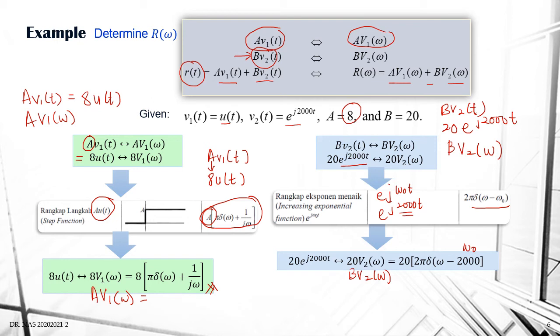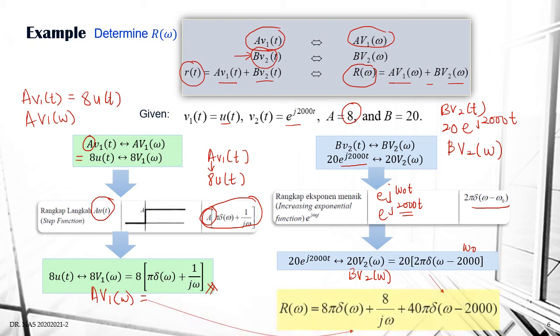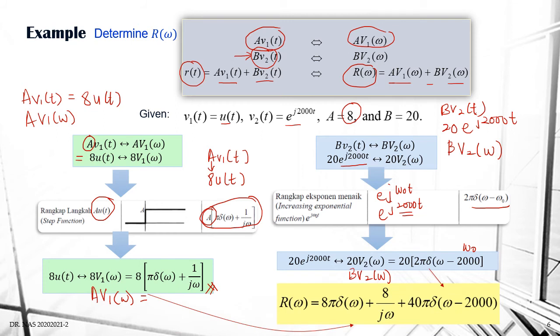Now work on R(ω). R(ω) is the combination of both signals, A V1(ω) and B V2(ω). So just add them up: R(ω) equals A V1(ω) plus B V2(ω).